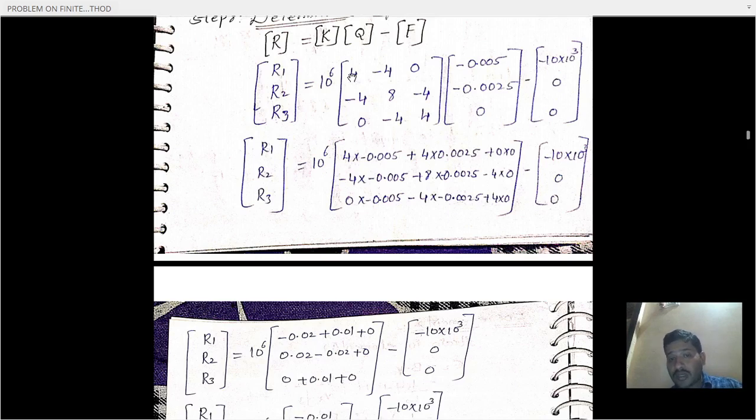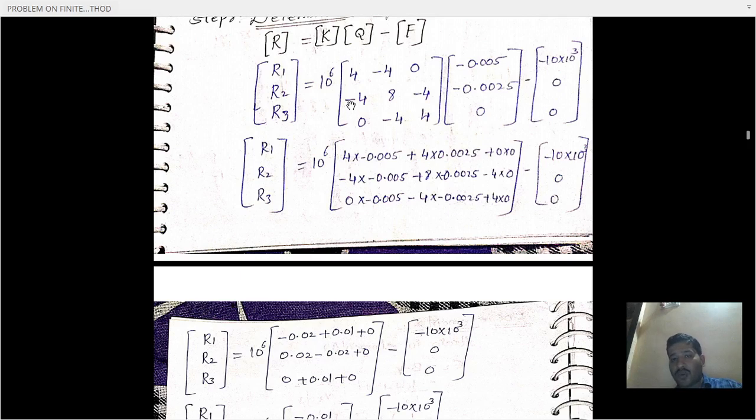So first, first row into this column: 4 into 0.005, plus minus 4, minus into minus, it should be plus, 4 into 0.0025, plus 0 into 0.